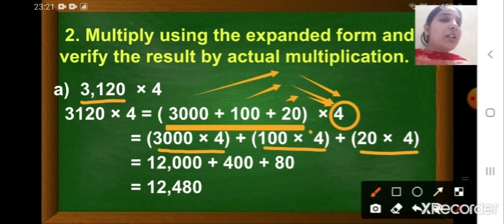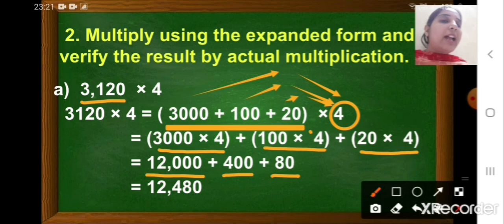So 3000 multiplied by 4, what does it give, children? It will give 12,000. You can see 3 4s are 12, and then how many zeros? 1, 2, 3. It means 12,000. Then 100 multiplied by 4 is 400. And 20 fours are 80.